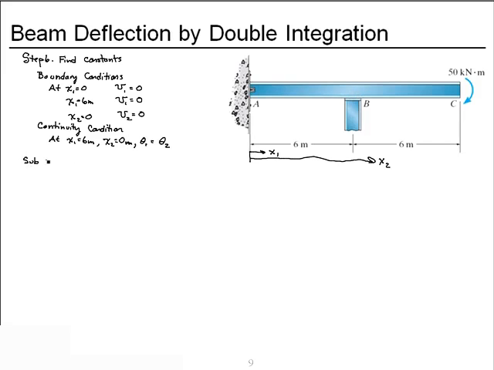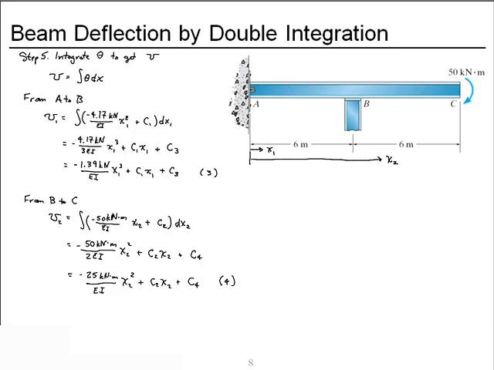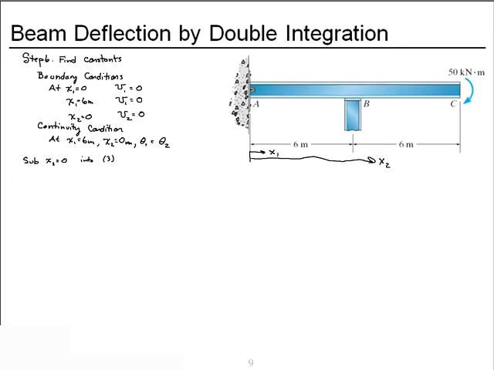We're going to substitute the boundary condition at x1 equals 0 into equation 3, which we had found was the vertical deflection in the range of x1. So we have the vertical deflection is 0.